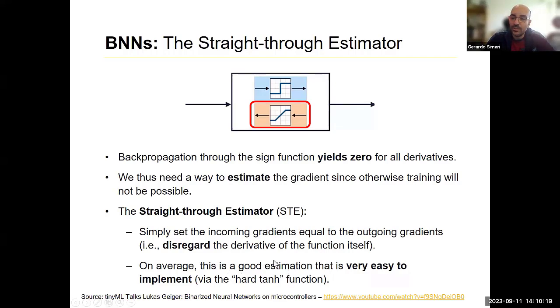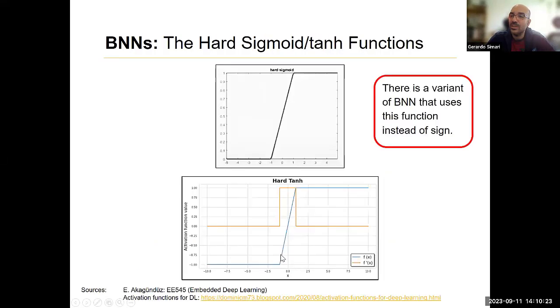How do you do that? With something called the hard hyperbolic tangent function, which looks like this. It's very simple to implement. It's essentially the identity mapping, and the derivative that you get is plotted here. So it is differentiable.